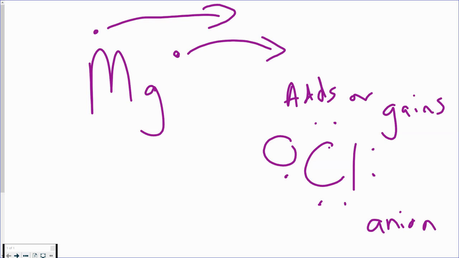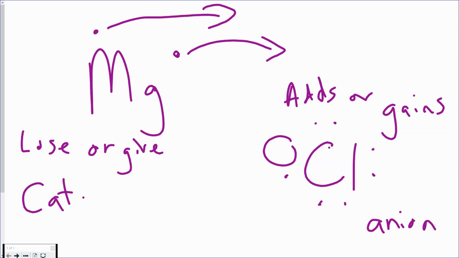Since magnesium would lose, or give, it becomes a cation, making it positive, and an anion negative. So that's the basics that we need to have in order to do our drawings.